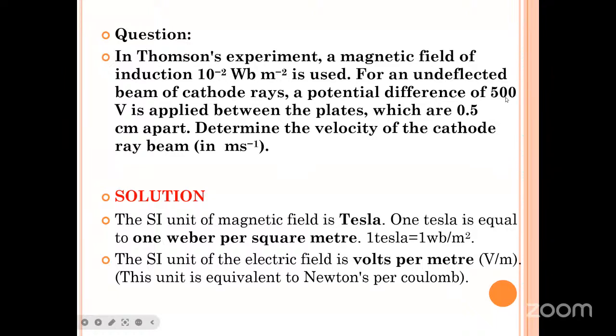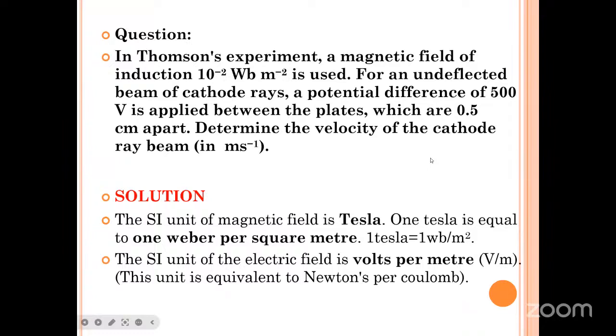The distance is not in meters, it is in centimeters. Because you are going to be calculating your velocity in meters per second, we are first of all going to convert the distance to meters. We'll calculate our electric field strength from the potential difference in volts and the distance between the plates in meters.